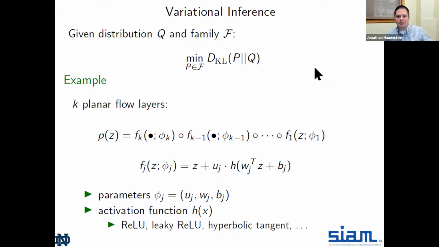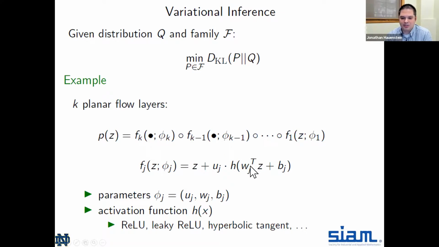And in the world of AI machine learning, the nice type of maps that people consider is compositions of easily described maps. So for example, k-planar flows, you take a composition of k functions where each one has a very simple expression. So you have these parameters u, w, and b, and they just describe how I change.